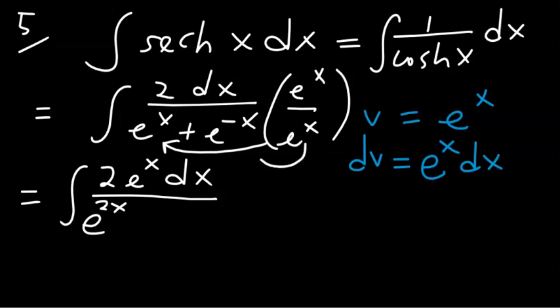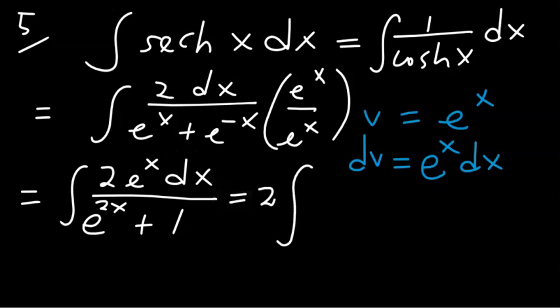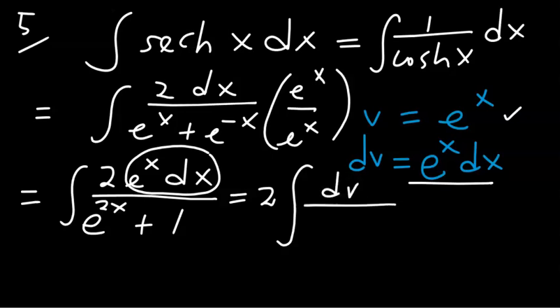E to the power x times e to the power minus x is just 1. So let's rewrite this integral in terms of v. You can take 2 out, it's a constant. e^x dx is just differential of v, dv. e to the power 2x is v squared plus 1.